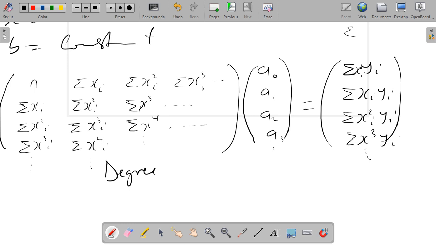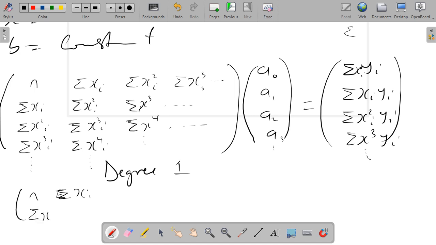So for degree 1, you will know that degree 1 has two unknowns. Don't forget a0 and a1. So I'm going to be using a 2 by 2 matrix. So for degree 1, it will end somewhere here, a 2 by 2 matrix. So I'm going to have n, then this side should be summation xi, and then here will now be what?